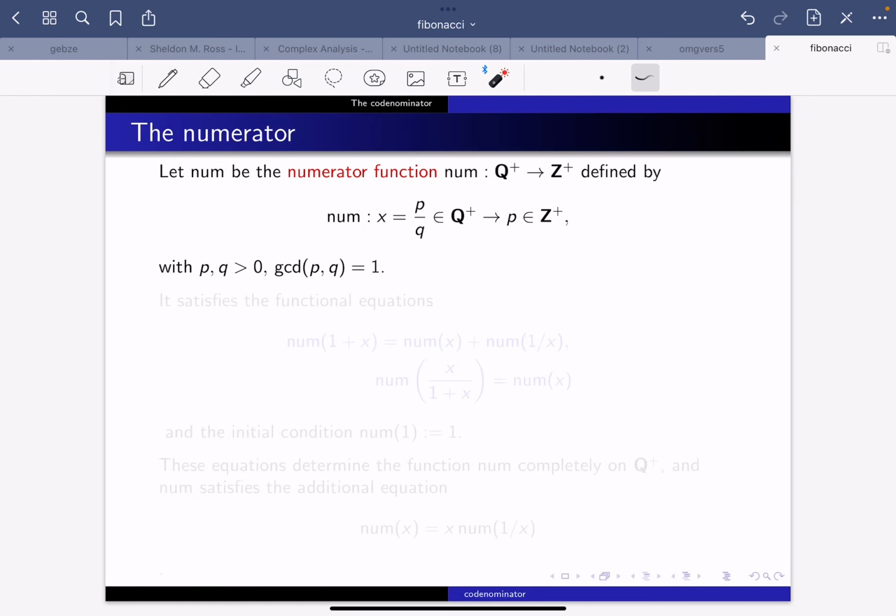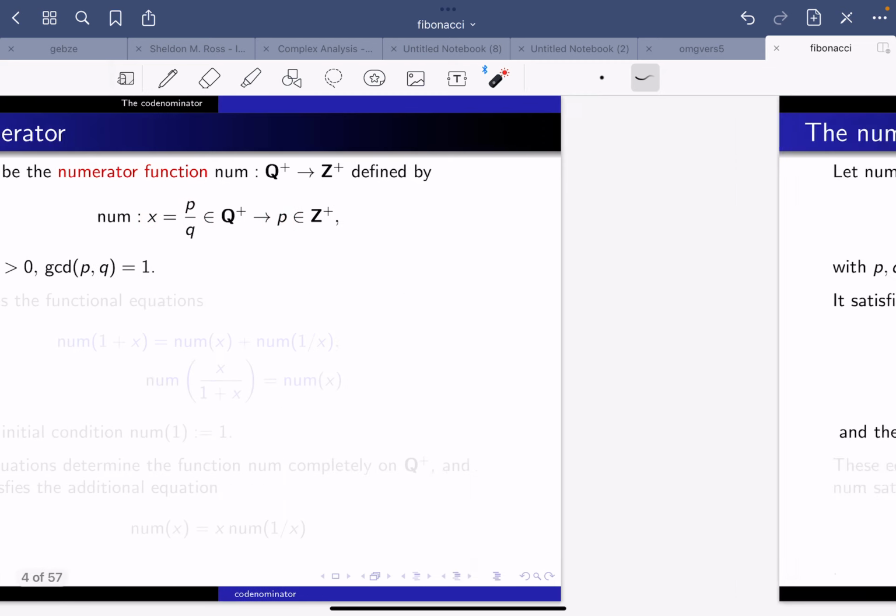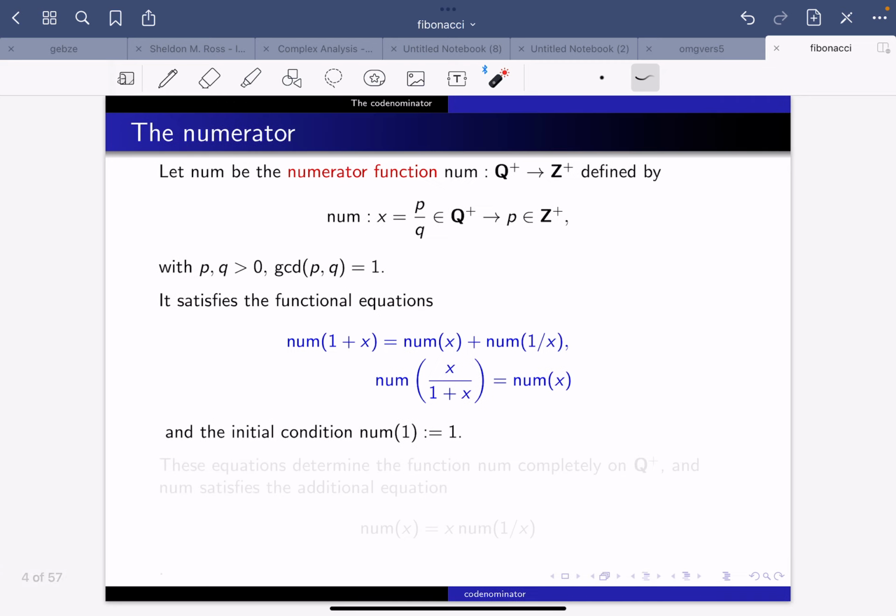Let's start with the numerator function. We all know what it is. If x is written in a reduced form p over q, then the numerator of x is just p. This numerator function satisfies the functional equations.